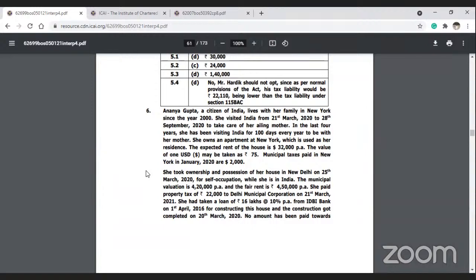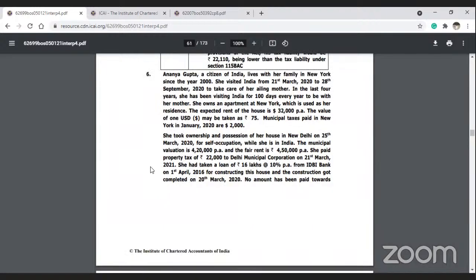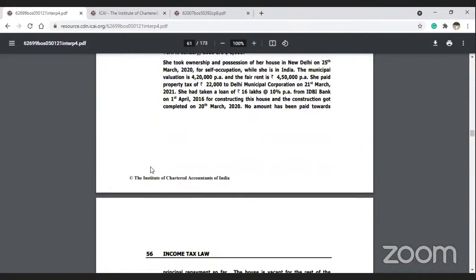She owns an apartment at New York, which is used as her residence. The expected rent of the house is $32,000 per annum, and the value of 1 USD may be taken as 75 rupees. Municipal taxes paid in New York in Jan 2020 are $2,000.